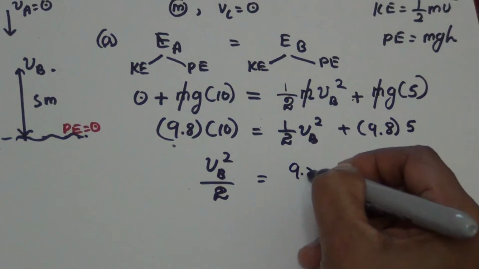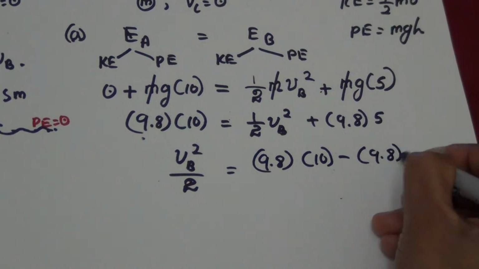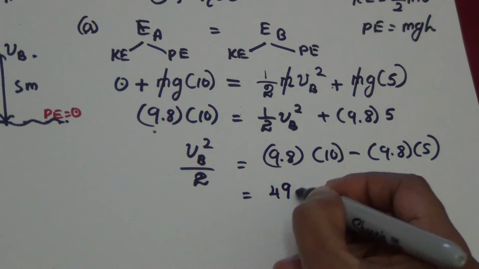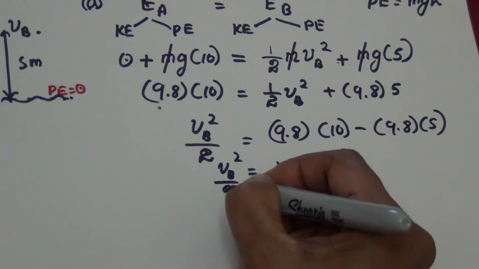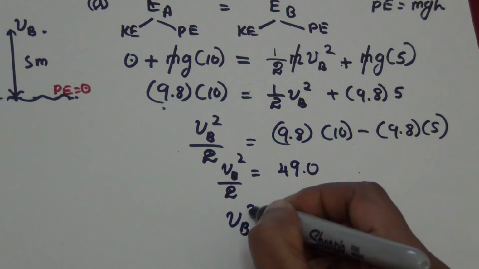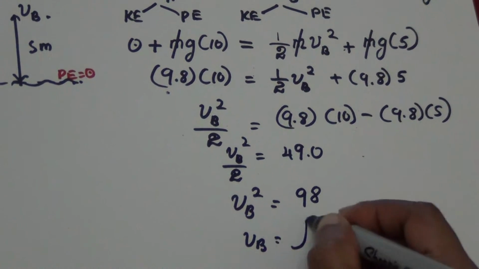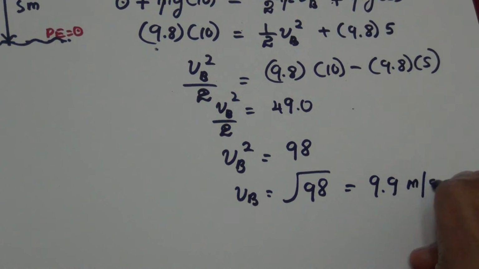So you will get 9.8 times 10 minus 9.8 times 5, which is going to be 49. So now VB squared is 98. So VB is the square root of 98, which is 9.9 meters per second.